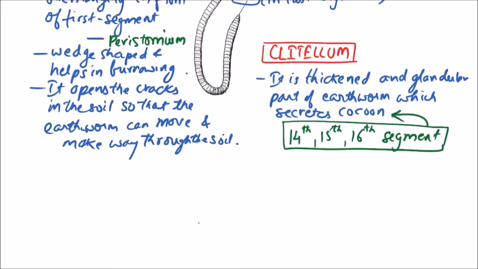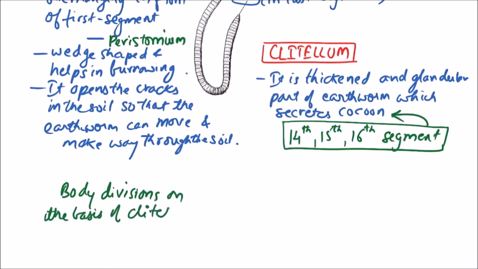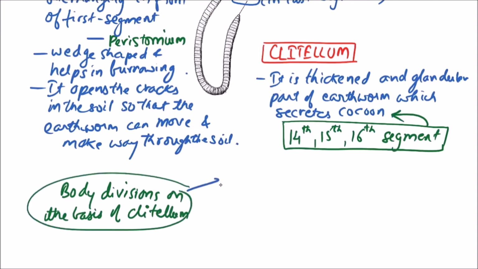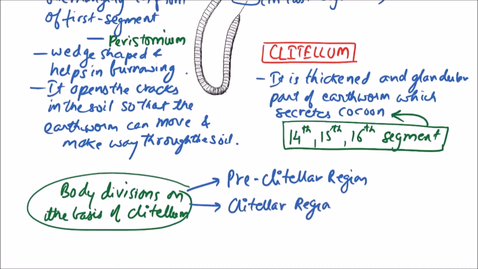On the basis of clitellum, body can be clearly or distinctly divided into three regions. So body divisions on the basis of clitellum. First one is preclitellar region. Second is clitellar region.